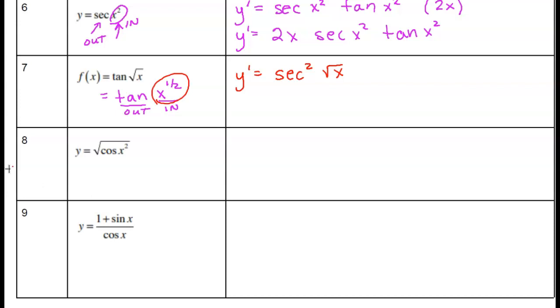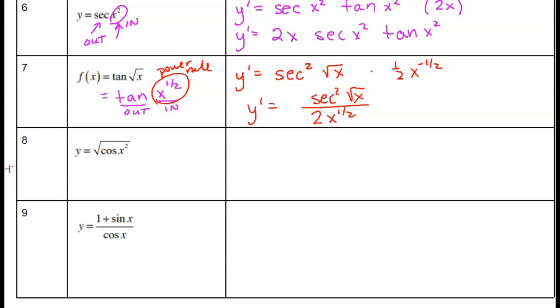Then I ignore tangent altogether when I go to do the derivative of the inside, which is a power rule. So 1/2 and subtract 1. So there's not much we can do. I'll put a fraction here, put things where they go. But remember, these x's do not cross out because that's inside a trig function.